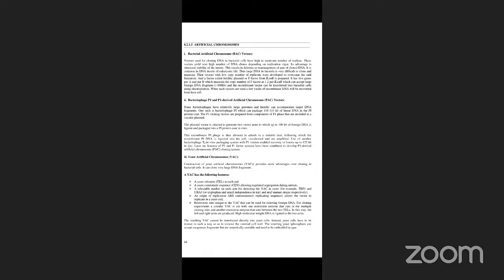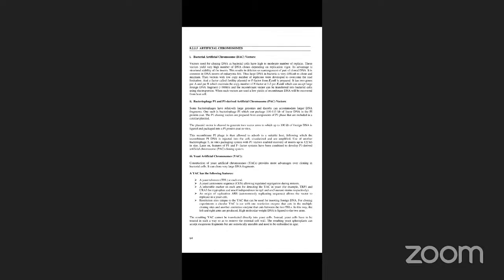So artificial chromosomes include the bacterial artificial chromosome, the bacteriophage P1 or P1 derived artificial chromosome, and the yeast artificial chromosome. The bacterial artificial chromosome is where the cloning DNA in bacterial cells has high to moderate numbers of replicas. So it is highly stable, with highly stable inserts. Large DNA can be inserted in the bacteria, and they have a low copy number of replicons.